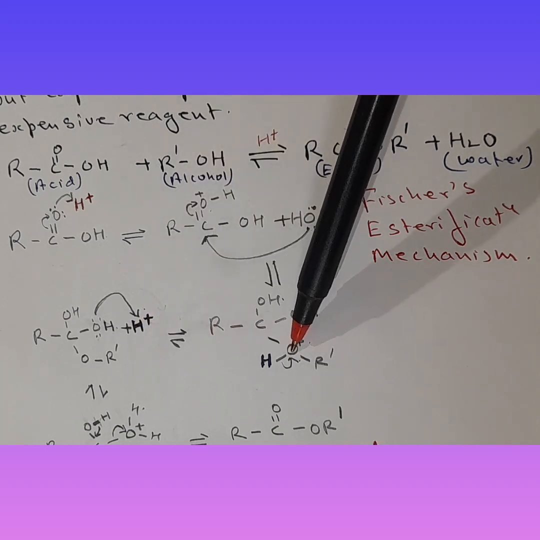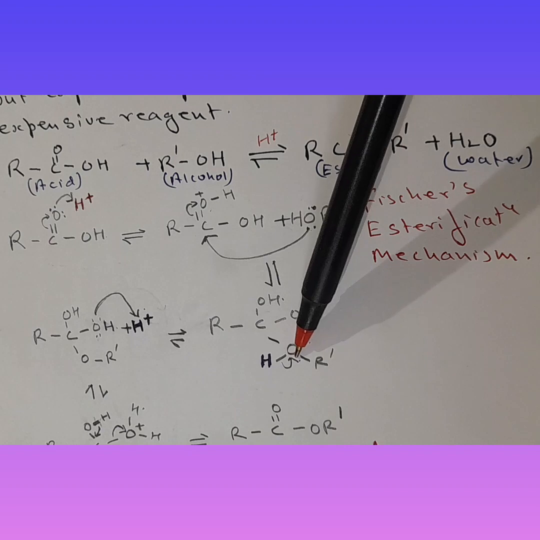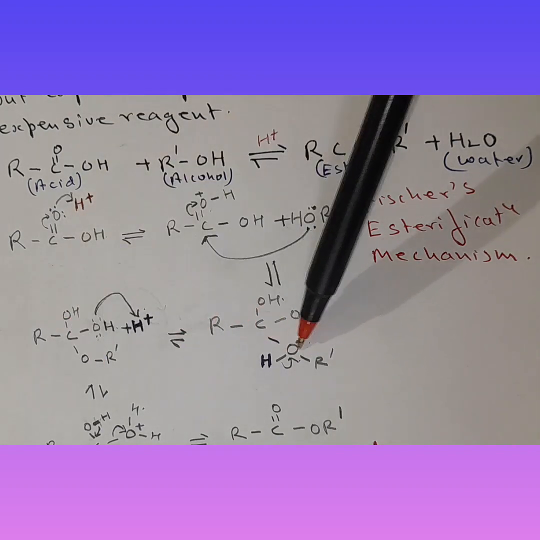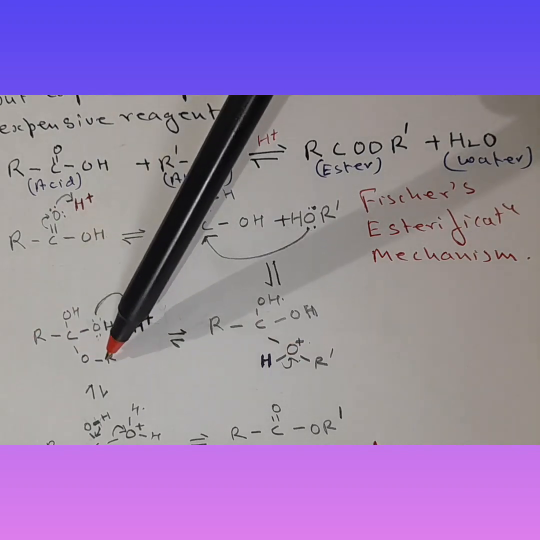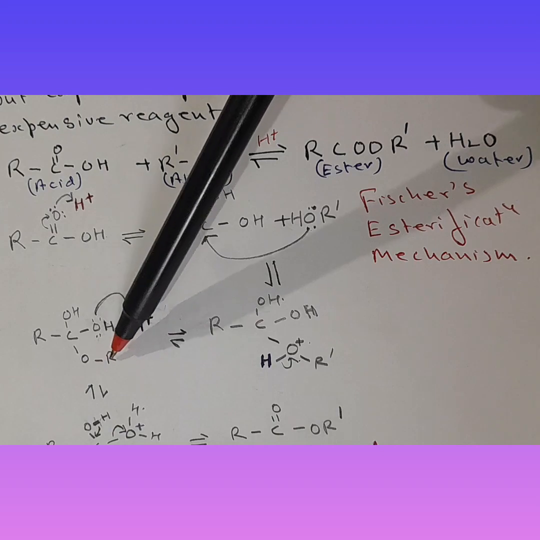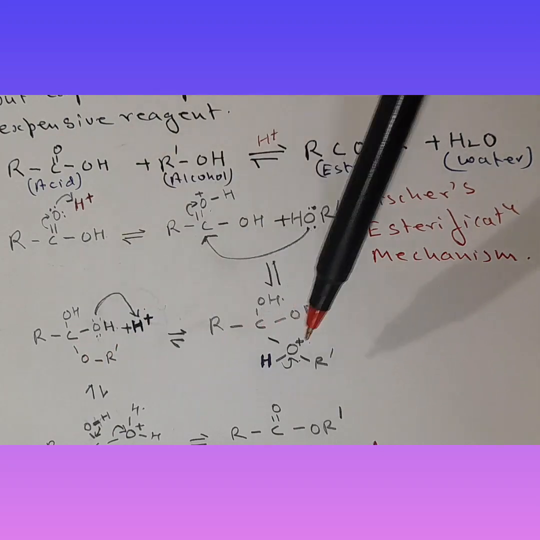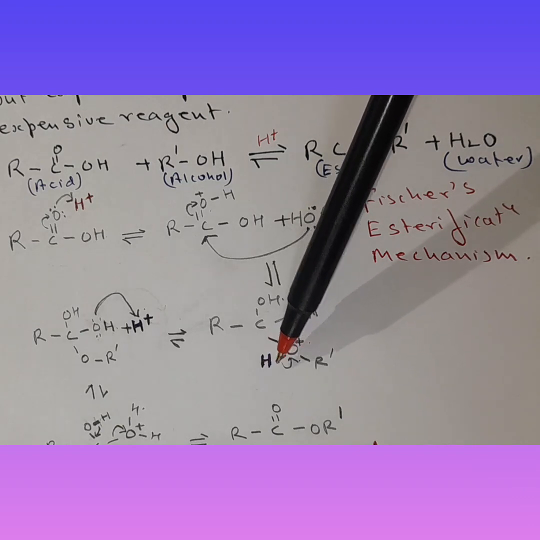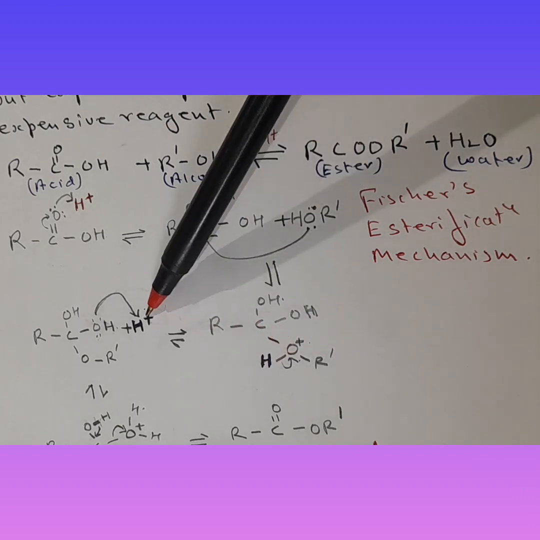And this is satisfied, because 3 bonds were there, now it has got only 2 bonds: O, C, O, R prime. So it has got 2 bonds, so no more charge over here, satisfied, but hydrogen has lost its electron pair, so it is a proton.